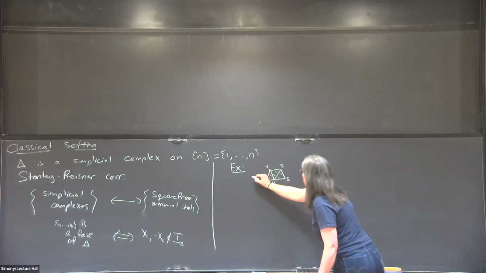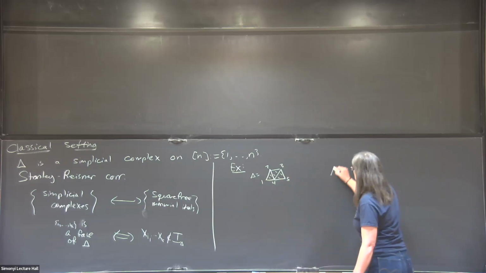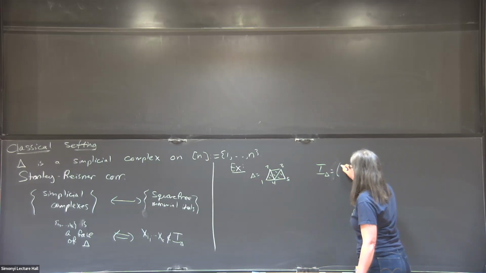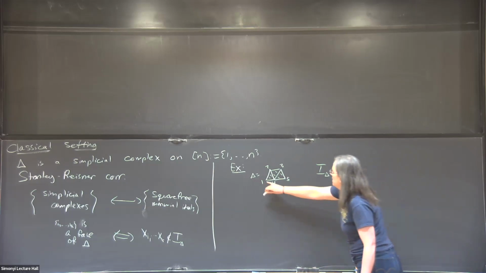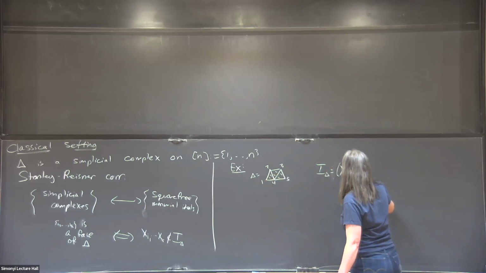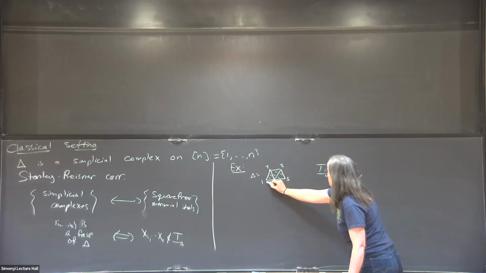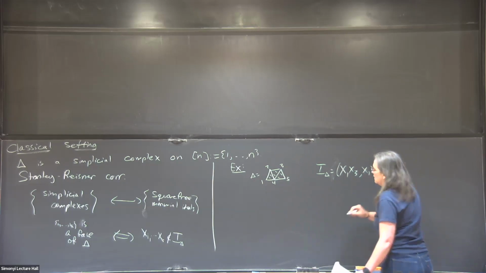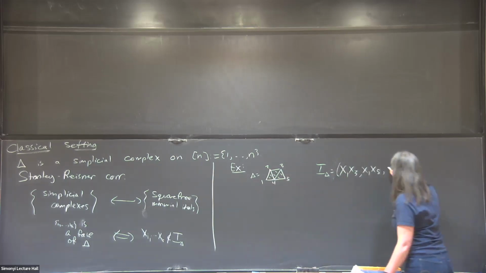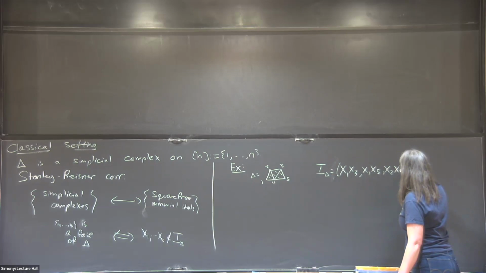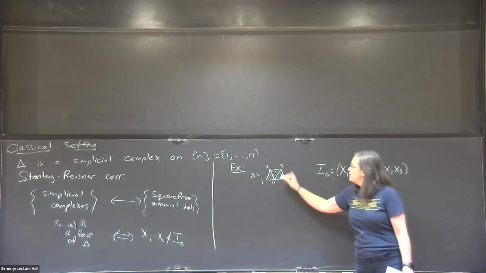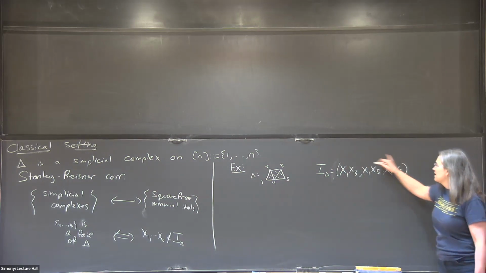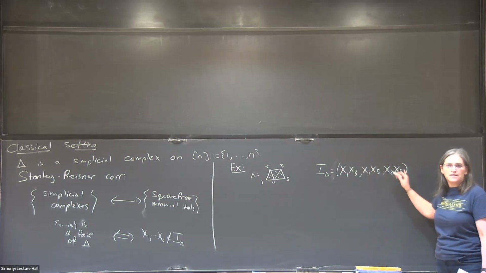Its square-free monomial ideal is generated by the things that are not faces, so x1x3, x1x5, and x2x5. This simplicial complex is a cone over x4. This fact is reflected in x4 just not being involved in this ideal at all.